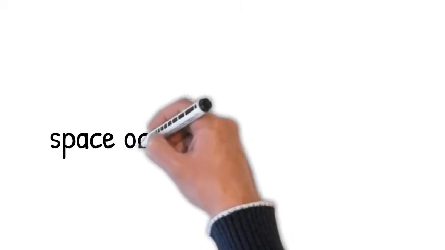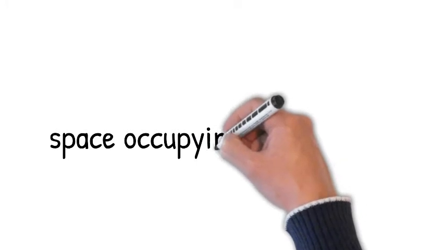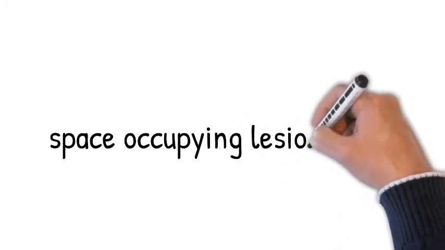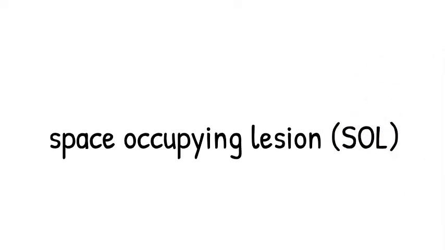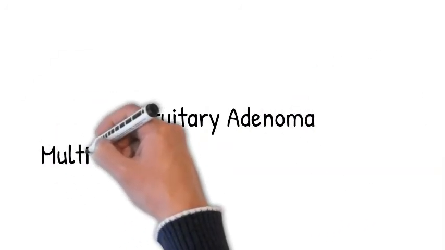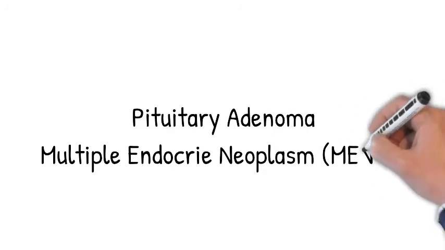Moreover, for abscess, ask for fever and pattern of progression. Next, tumor. Check for weight loss, night sweats, and worsening of headache by bending forward. Additionally, ask about any vision problem, especially on looking to the sides, to check for bitemporal hemianopia, as in pituitary macroadenoma, MEN1, and non-functioning adenoma.